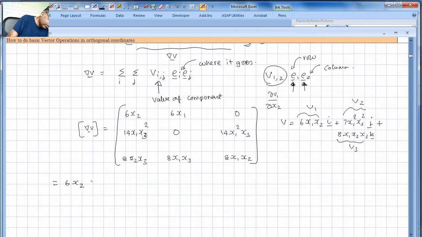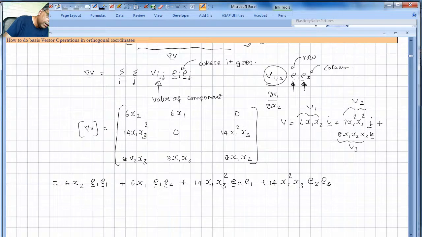That is equal to 6x2 e1 e1, first row first column, plus 6x1 e1 e2, first row second column, plus there is nothing there, then 14 x1 x3 squared e2 e1, second row first column, plus 14 x1 squared x3 e2 e3, second row third column, plus 8 x2 x3 e3 e1, third row first column, plus 8 x1 x3 e3 e2, third row second column, plus 8 x1 x2 e3 e3, third row third column. All the others are 0.